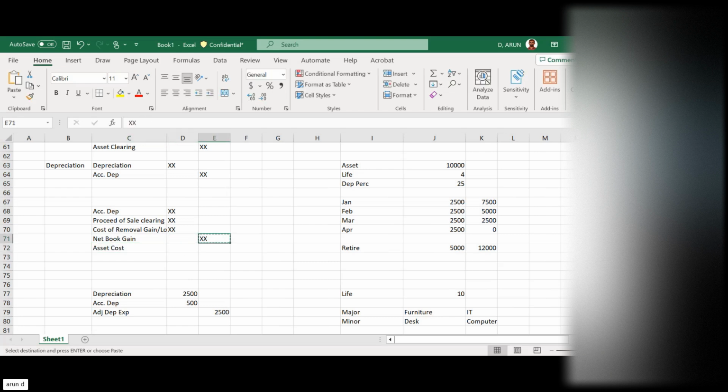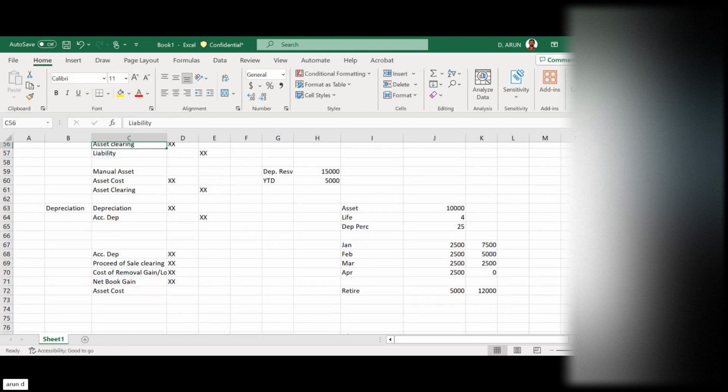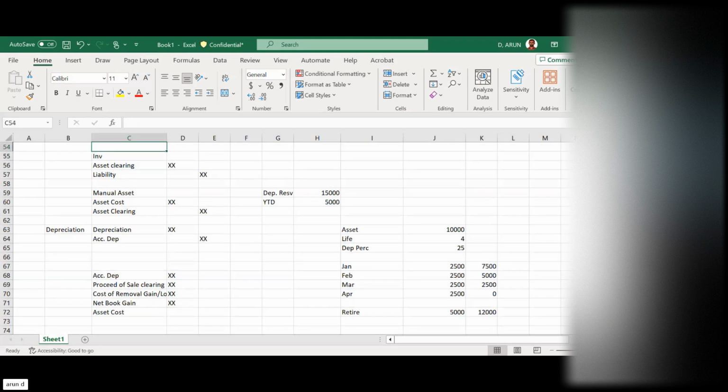If you see here, I have basically added this as the debit item. Now when I'm retiring or selling this, whatever cost I have will be reversed, which means I will see it at the credit side. So this would be my asset cost.